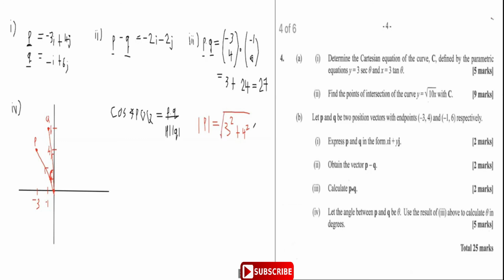That looks like 5. Then we need the norm of q. The norm of q is going to work out to be the square root of 1 squared plus 6 squared. 6 squared is 36, plus 1, that's 37. That's the square root of 37.